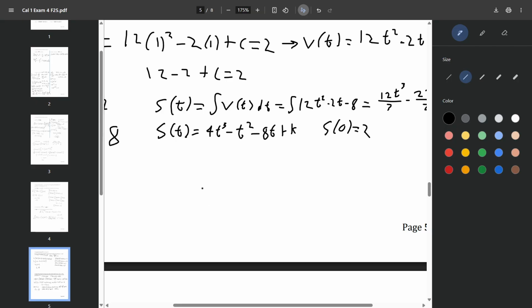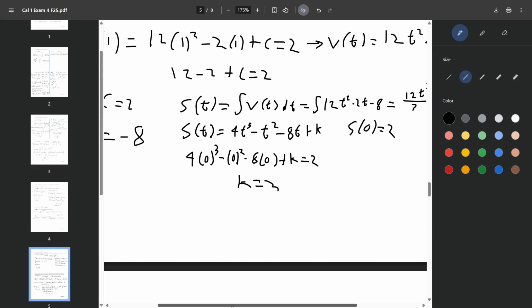So in that case, 0 to the third minus 0 to the second minus 8 times 0 plus k equals 2. So in that case, k must equal 2.